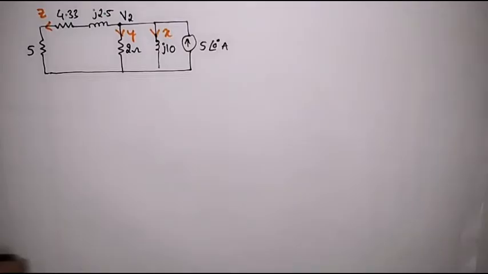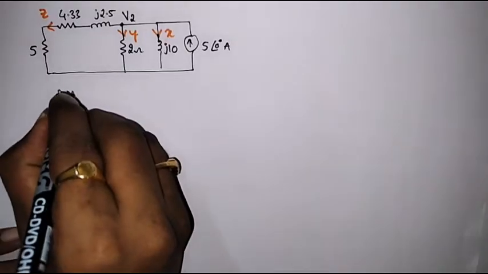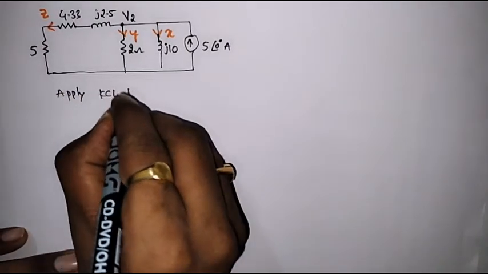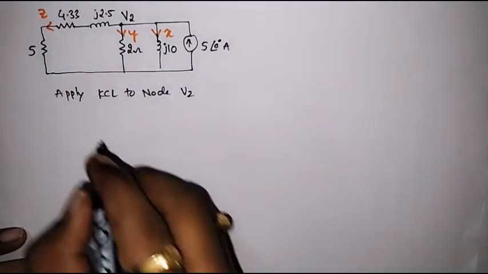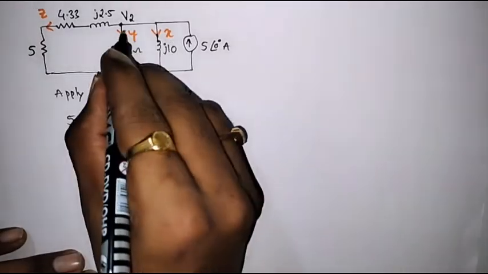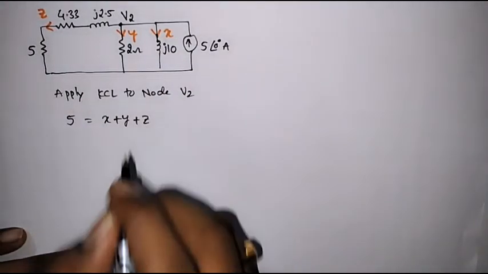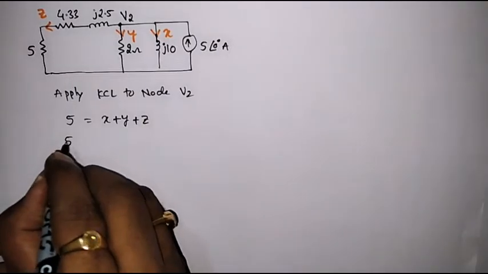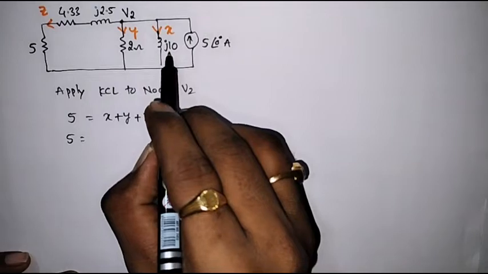Therefore apply KCL to node V2. That is, incoming current 5 is equal to X, Y, Z all leaving, that is X plus Y plus Z. Simplify this. 5 is equal to X, which is nothing but V2 divided by j10.